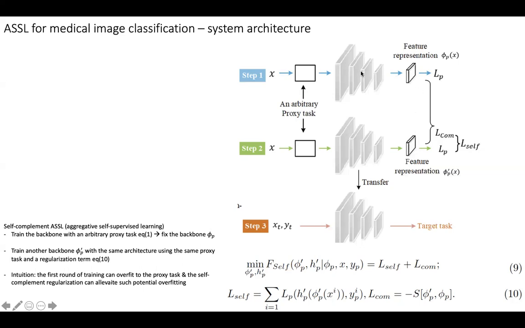So how can we combine the information learned in the first step? The key thing is this complement loss. Basically, it's a distance.